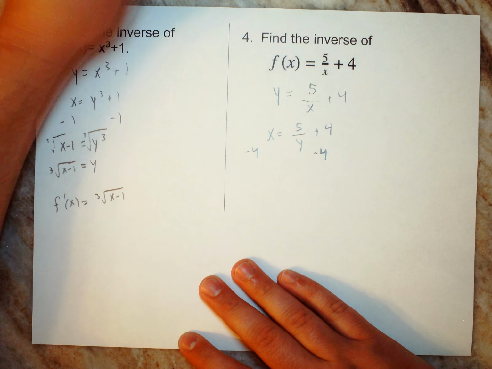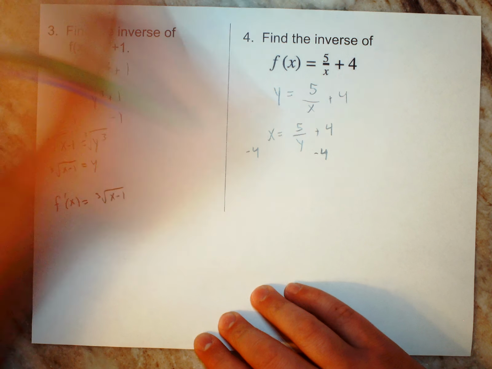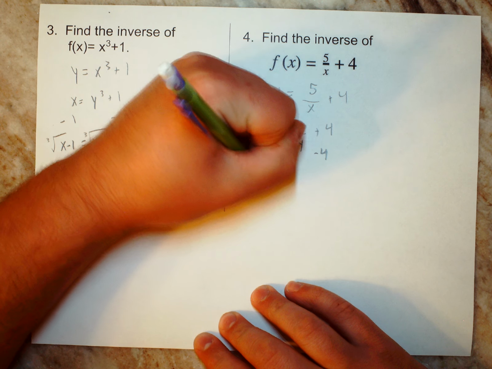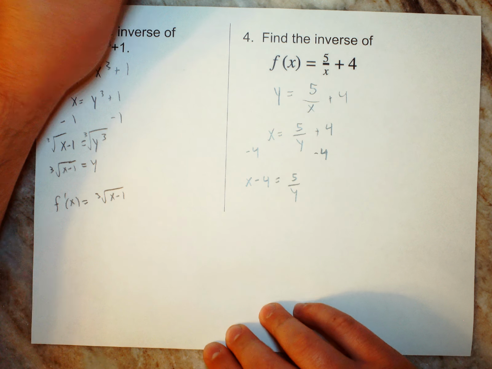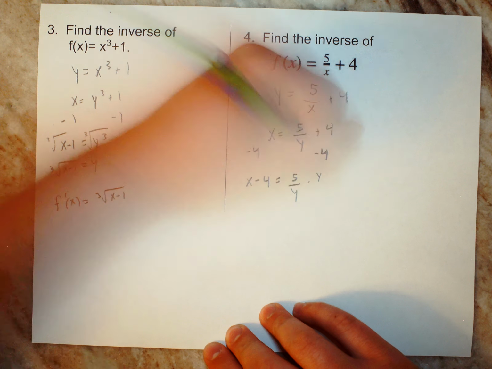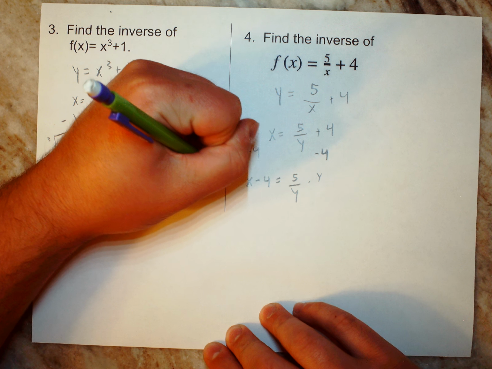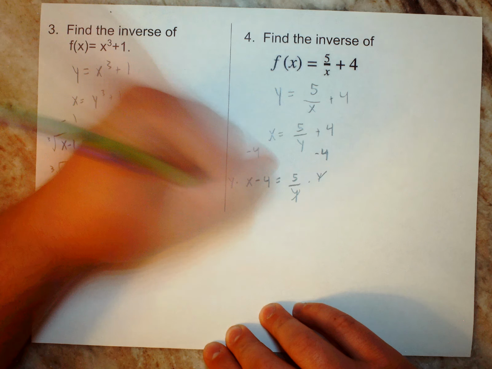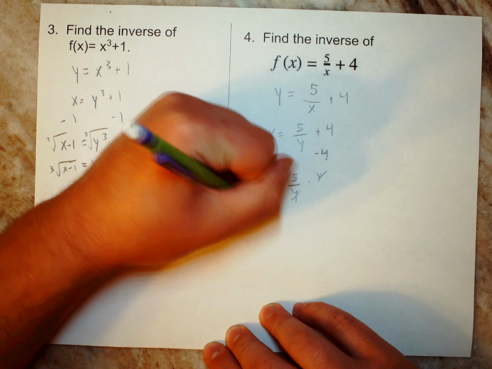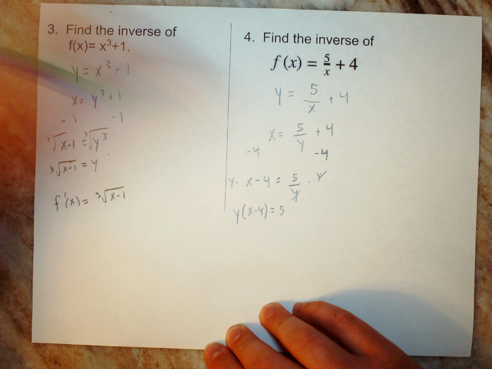Try to make my 4s a little more distinct so they don't look like y's. X minus 4 equals 5 over y. Now we're going to multiply by y on both sides. So now these cancel out and we have y times x minus 4 equals 5.